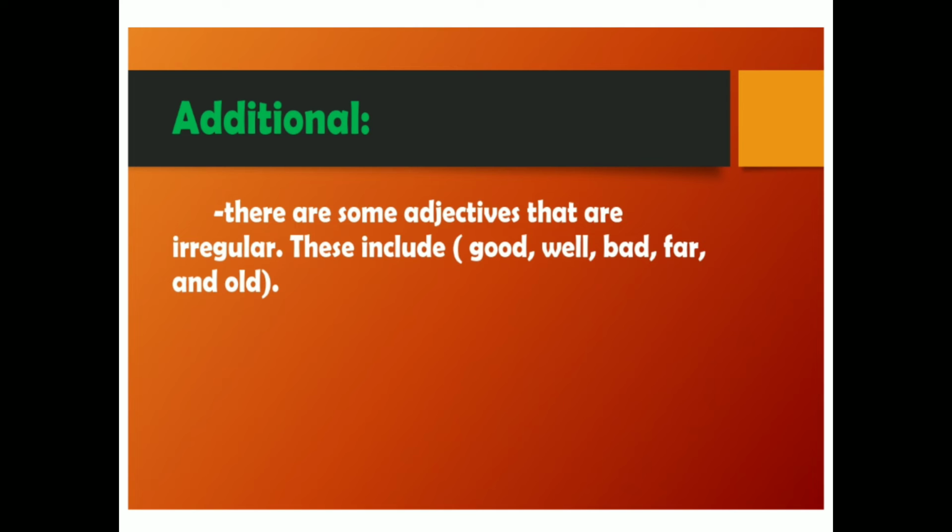Next is old. Most of the time, old behaves as a regular adjective and its comparative form is older. Though elder is not as commonly used, many speakers and writers will use it when referring to people.